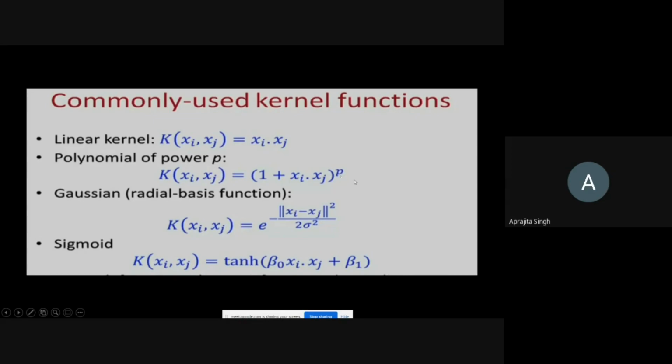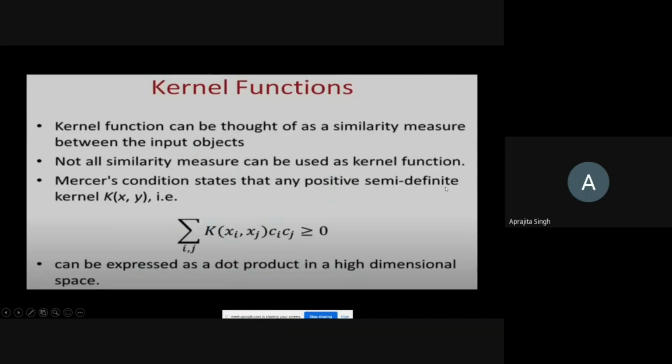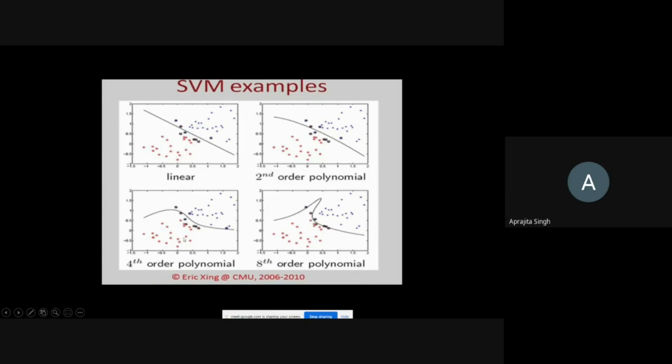इस तरह से यू जस्ट सी हाउ द डेटा इज, and may be use a Gaussian function or maybe use a sigmoidal function. So you have to use the right function to see to it that the data becomes linearly separable. Looking at the space that is there, you may use a linear kernel, you may use a 2 degree, 2 order polynomial, you may use a 4 order polynomial or an nth order polynomial depending upon the kind of data that you are having.